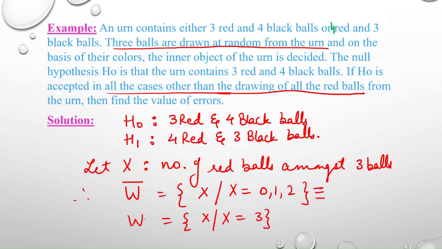This W complement is our acceptance region, and W is our rejection region or the critical region.